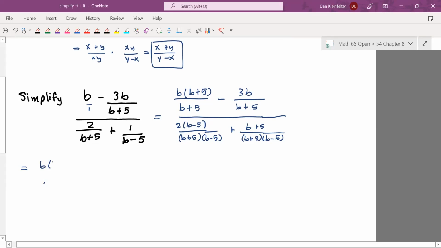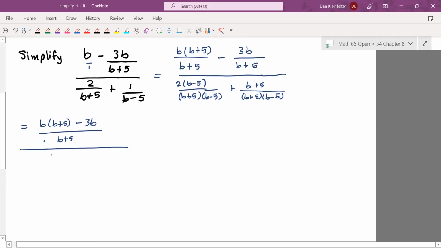We'll have b plus 5 minus 3b over b plus 5. And then all that, notice I have a nice long fraction bar there. 2b minus 5 plus b plus 5. And that is over b plus 5, b minus 5.